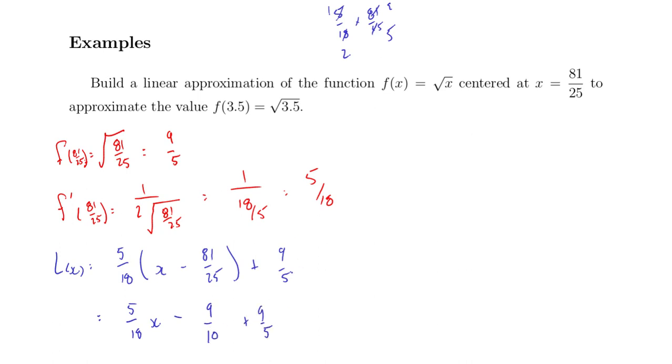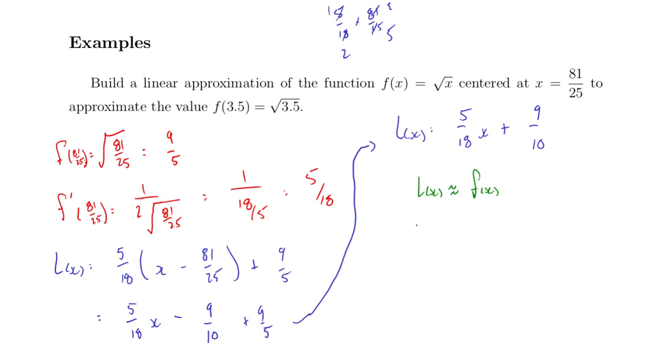Negative 9/10 plus 9/5 is negative 9/10 plus 18/10, and so that's positive 9/10. And so our L of x is equal to 5/18 x plus 9/10.